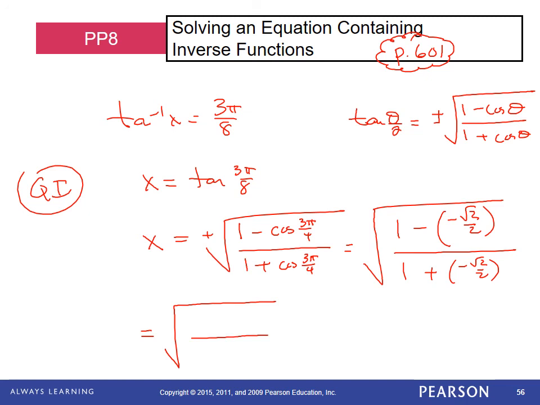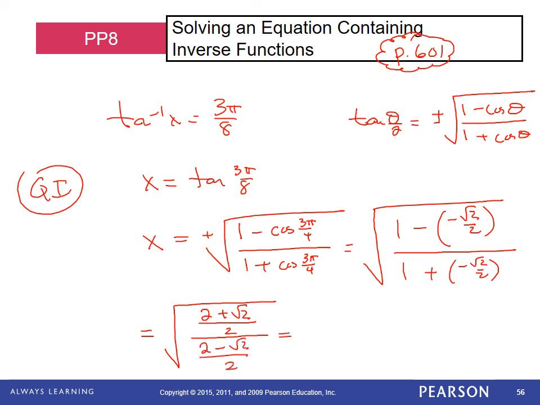Let me skip a few steps here. Tell me if you're okay with me writing it like this. Got my common denominator. On top I'm subtracting a negative, so that's going to be addition, and the 1 changes into 2 over 2. Everybody okay with that top value? The bottom value is going to be subtraction, 2 over 2 minus root 2 over 2, which makes 2 minus root 2 over 2.